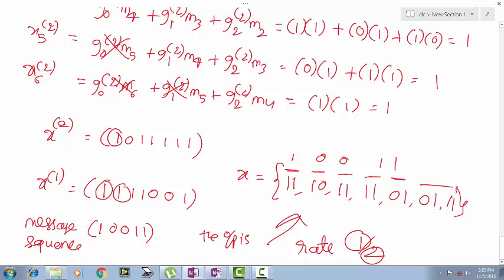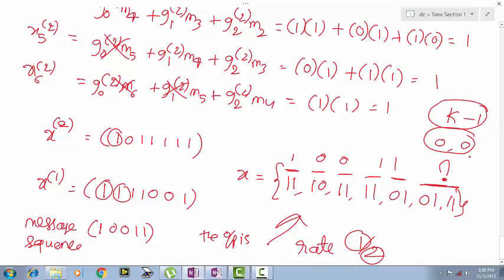But what about these remaining 2 output pairs? These are produced for the message sequence 0, 0, because in this time domain approach the encoder will be again set to the initial state. In order to set the encoder to the initial state, we require capital K minus 1 tail bits.